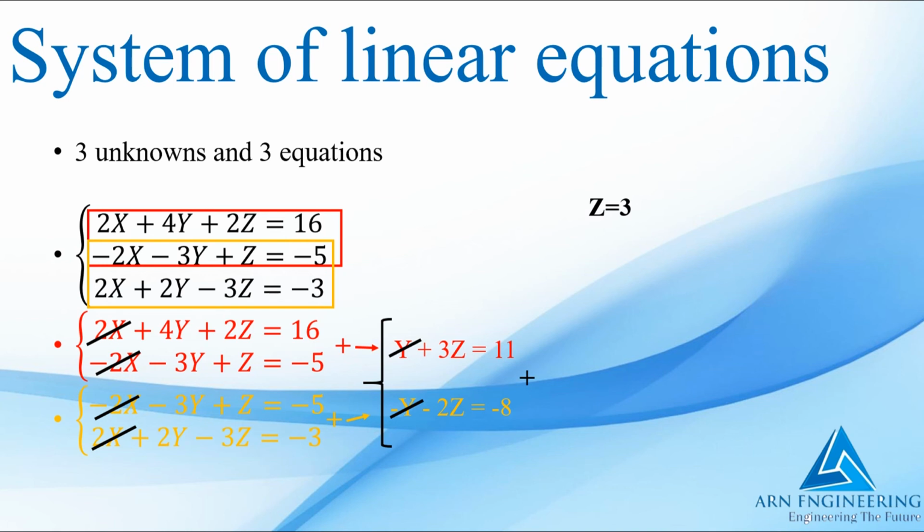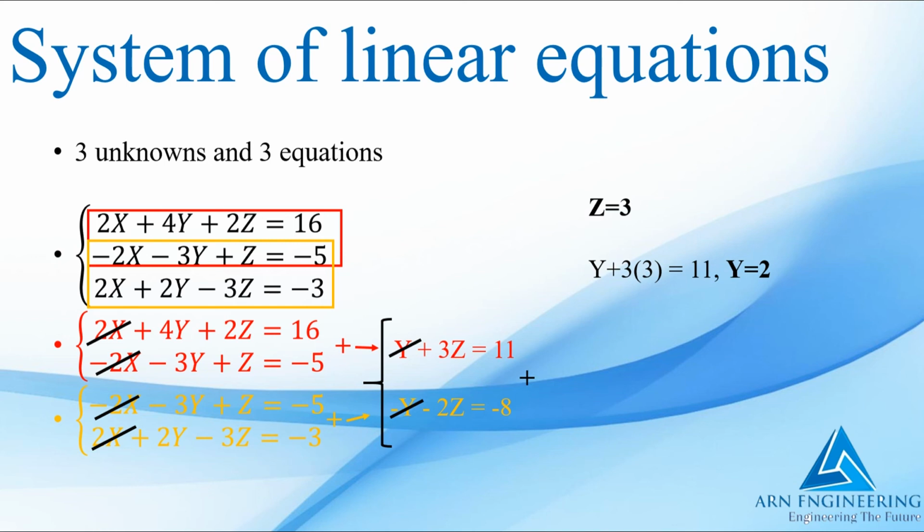Now we can substitute the z value of 3 back into one of the two equations. I've picked the first one, and that gives us a y value of 2. Once we reach a stage where we've calculated 2 of the 3 variables, we can then go back and use one of the original equations.